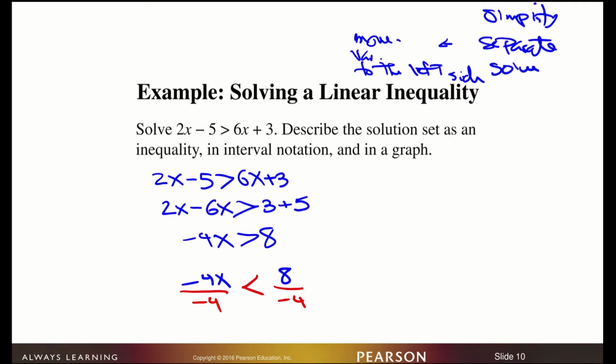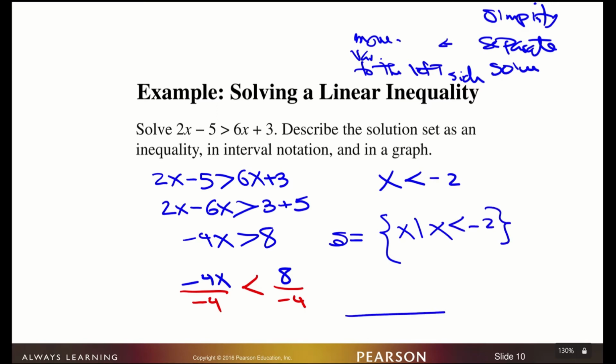That's simple, okay? So you end up with x is less than -2, okay? And now we're going to write the solution set as all x such that x is less than -2.